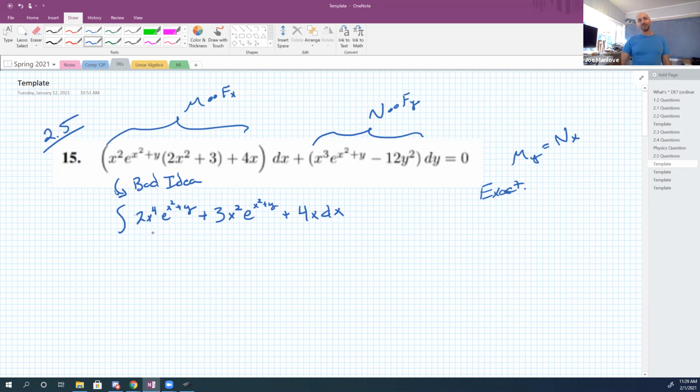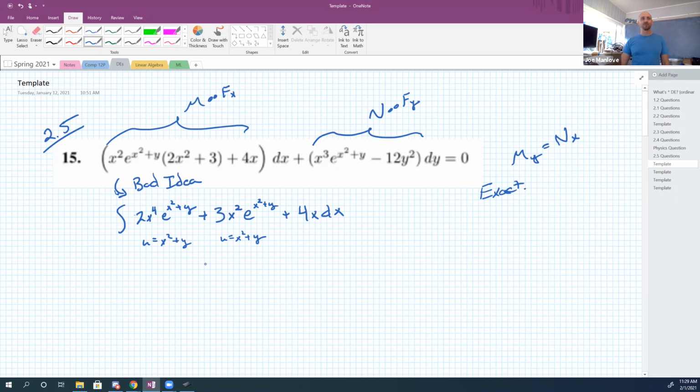So if you had to do this one, your choice would be to say, okay, I'm going to let u be x squared plus y. And that's not going to work in either case. You guys recognize that? Kind of out of luck. So what I'm going to have to do is some kind of funky integration by parts, which you can do.